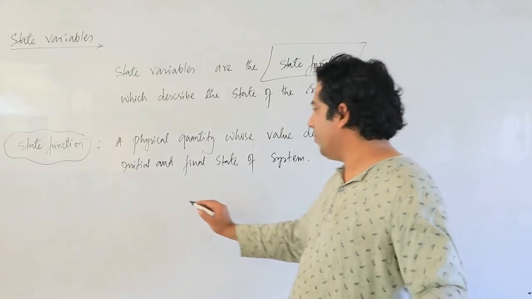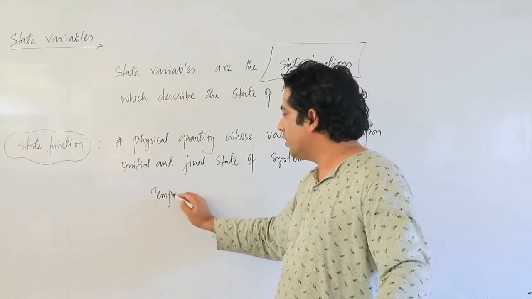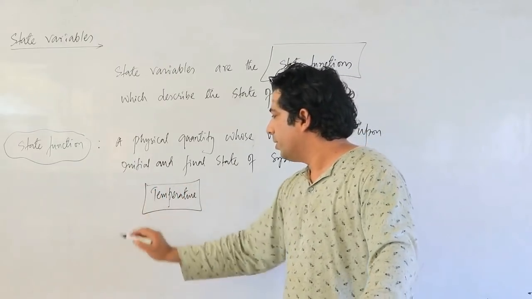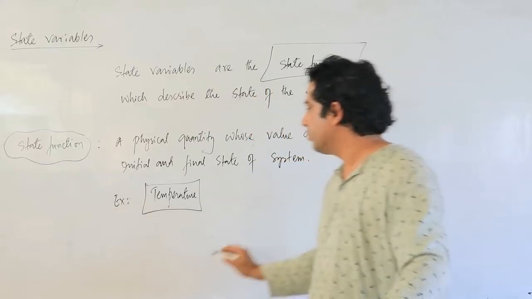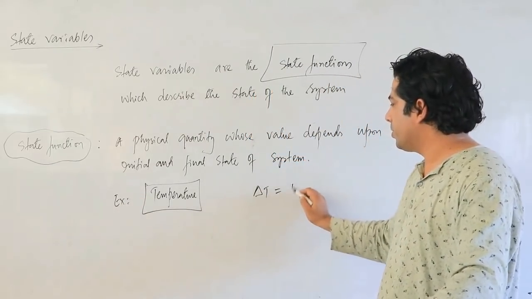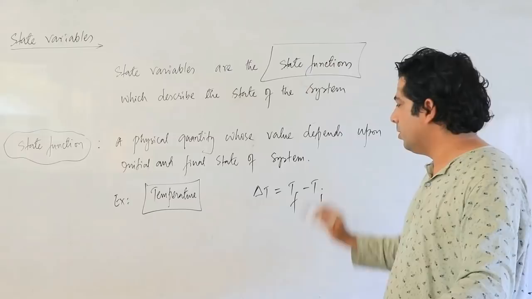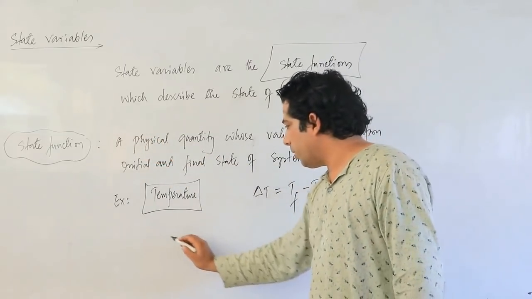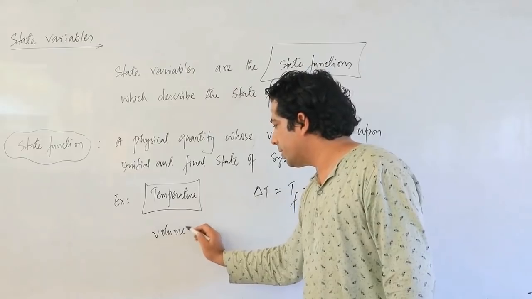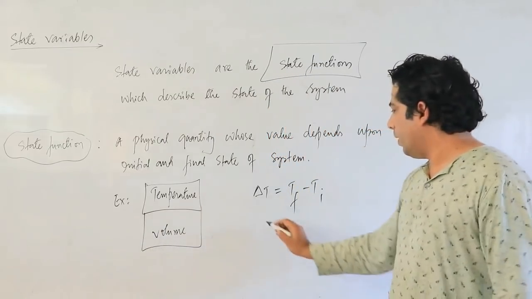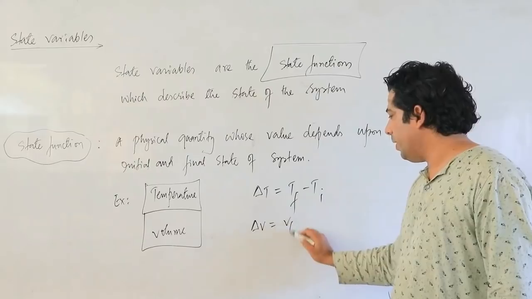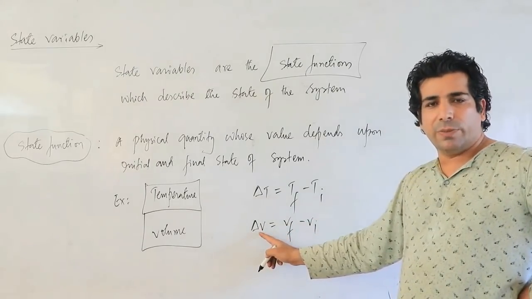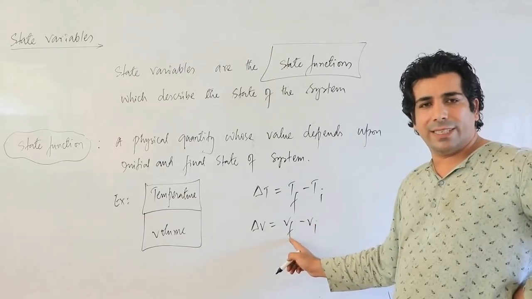So obviously, my dear friends, if you talk about temperature, we know that the change in temperature is taken as final minus initial. So temperature is a state function. Let's talk about volume, already discussed. Change in volume, Vf minus Vi. The value of the change in volume depends upon the initial state and the final state of a system.